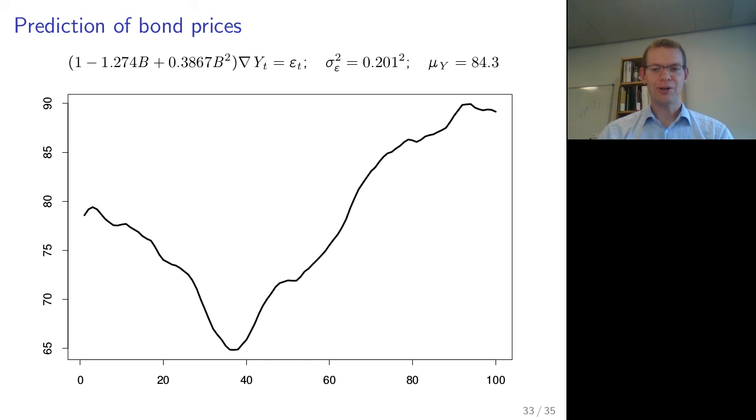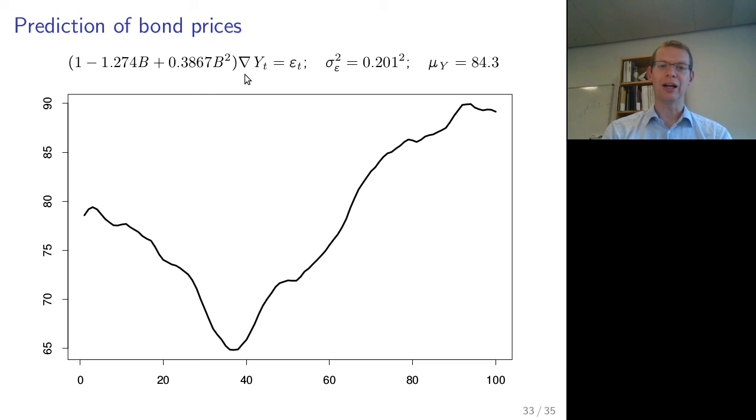I'll just round off with a quick example of predictions and bond prices. We have some time series here that we assume that we observed. We specified this model. Consider the class. You have B to the second power here, and you have one order of differencing.